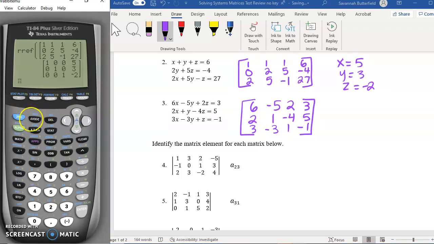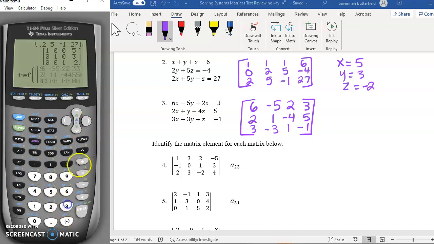So let's do this one more time. Again, we want option B for our RREF. We want a 3 by 4 matrix. And then plug in the numbers. So negative 5, 2, 3, and then next row we had 2, 1, negative 4, and 5.